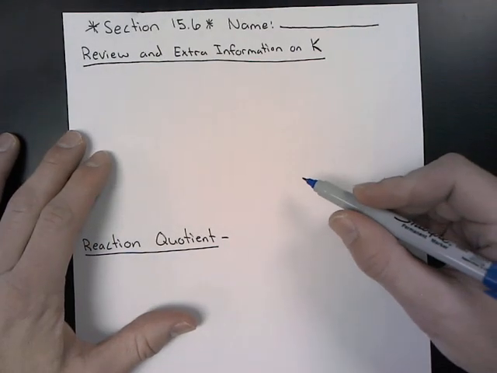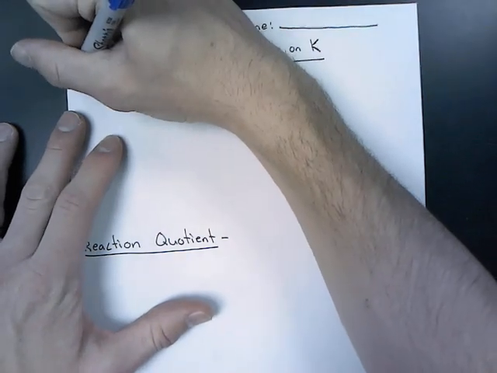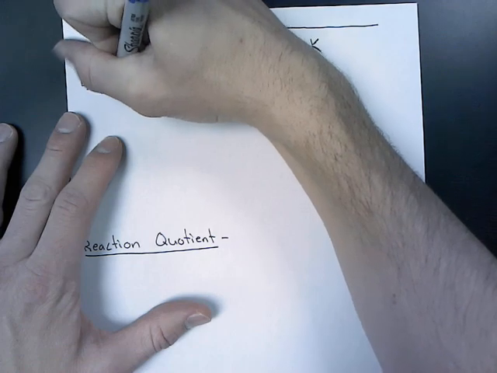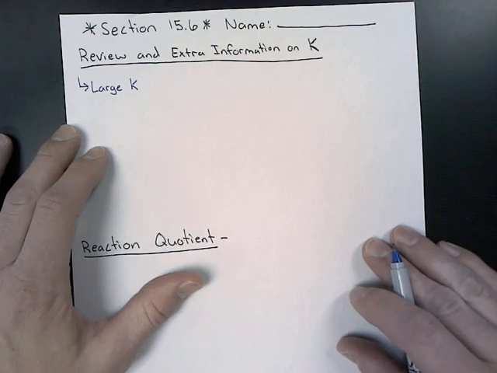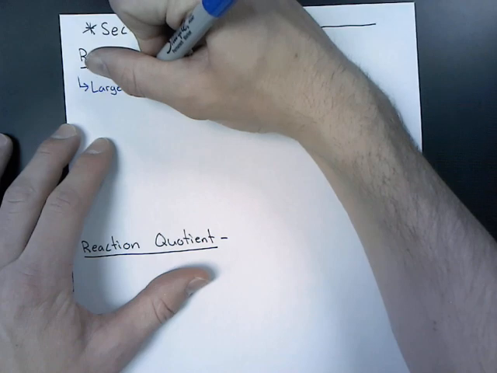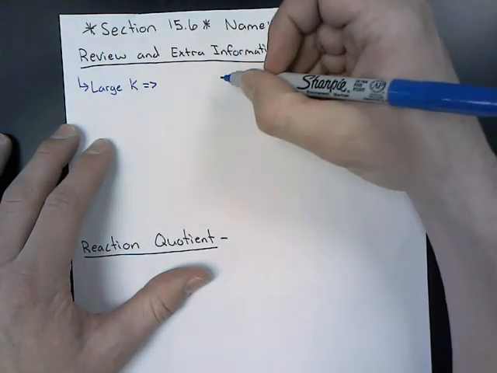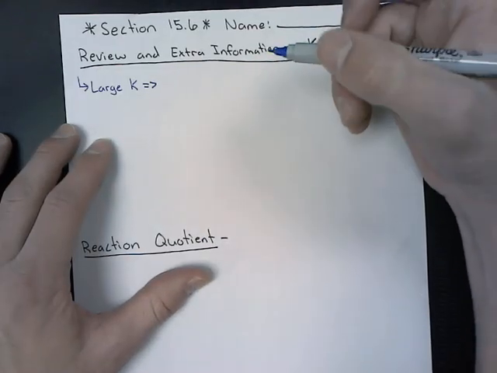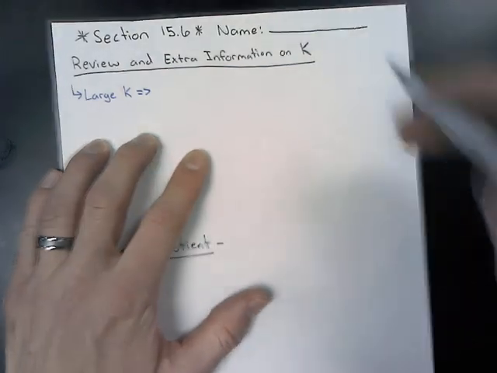So with K, there are two options that we have. Option one is we can have a large K. And so if we have a large K, what that means for us is that we are going to have a system of equilibrium where the products dominate, or the substances at equilibrium are mostly the products.